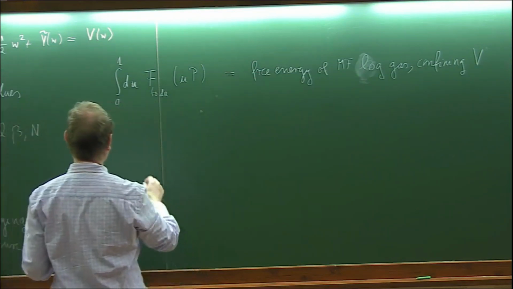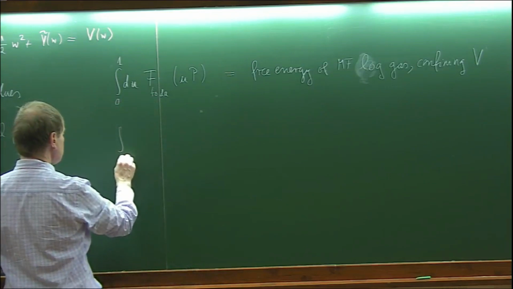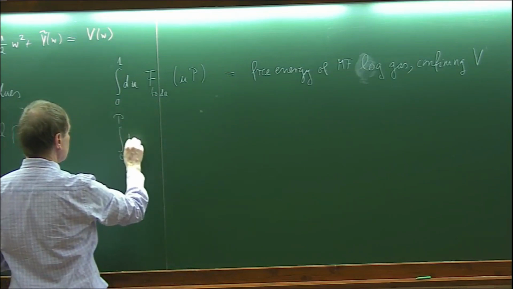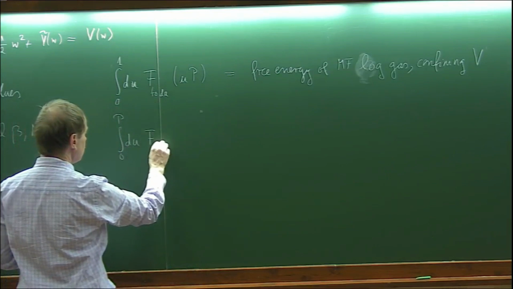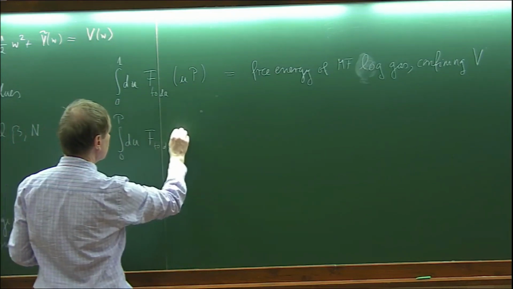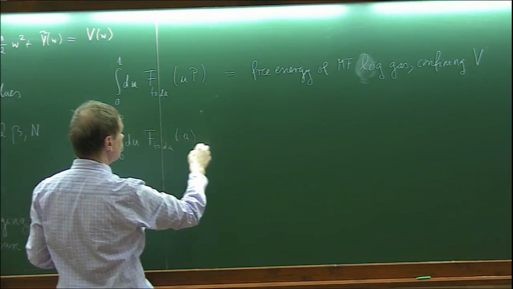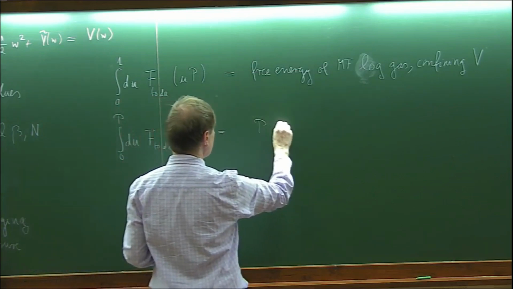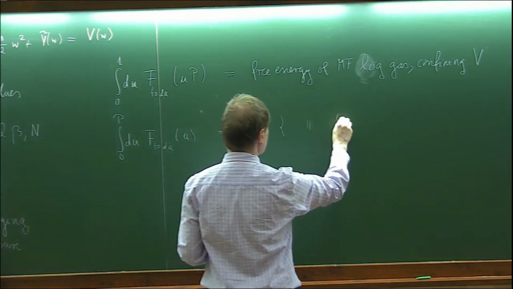Okay, and then now the rest is a simple exercise. I just changed variables, so that's f Toda of u, and there's a 1 over p here, so I get p times this thing.